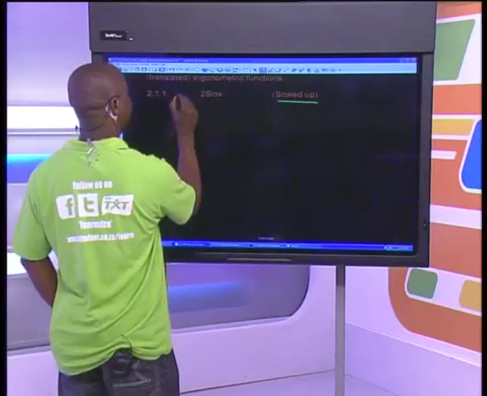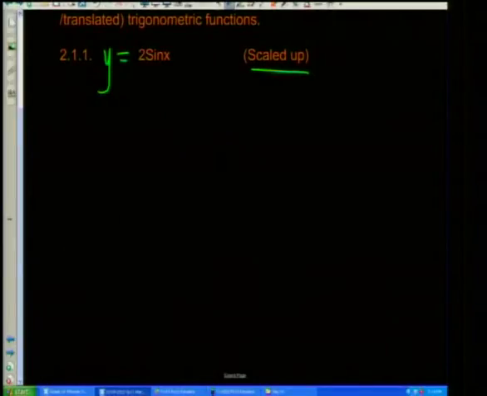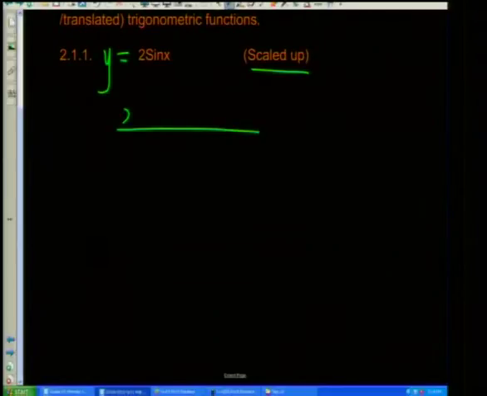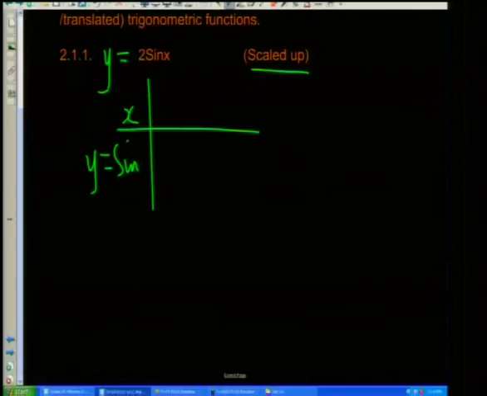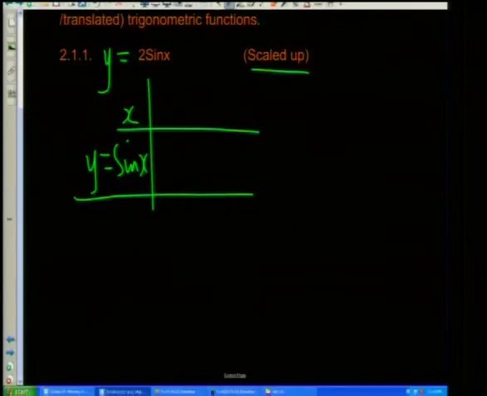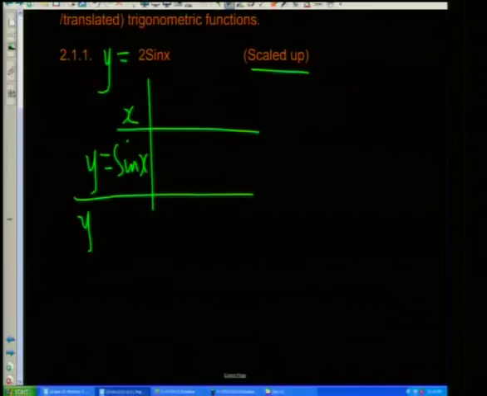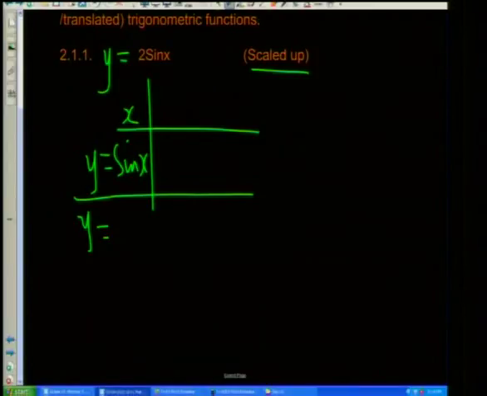If y equals 2 sine x, and it started off in your table as y equals sine x, you now scale it up and say every y value you're going to multiply by 2.